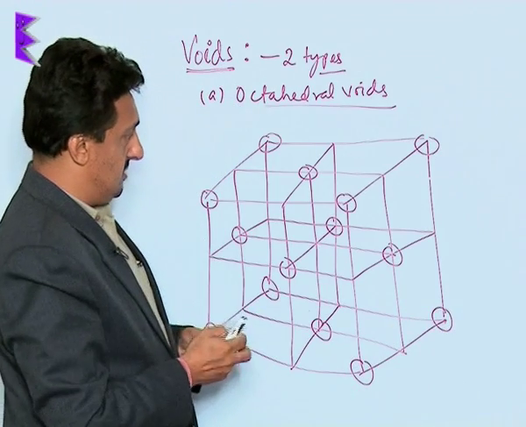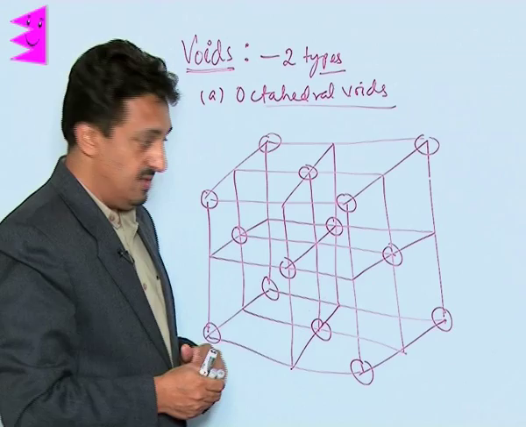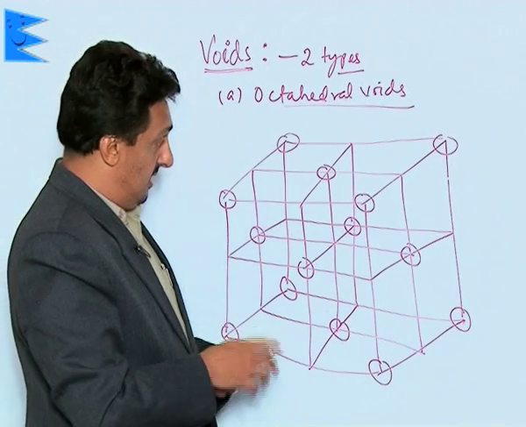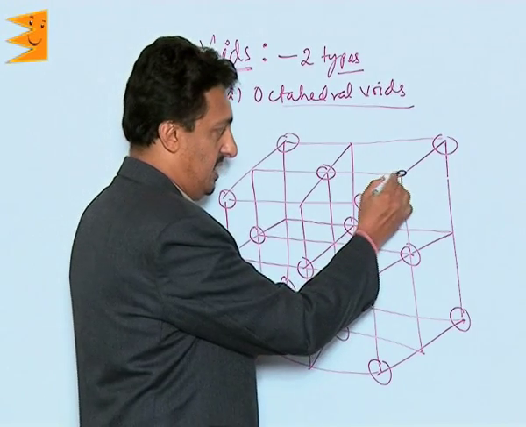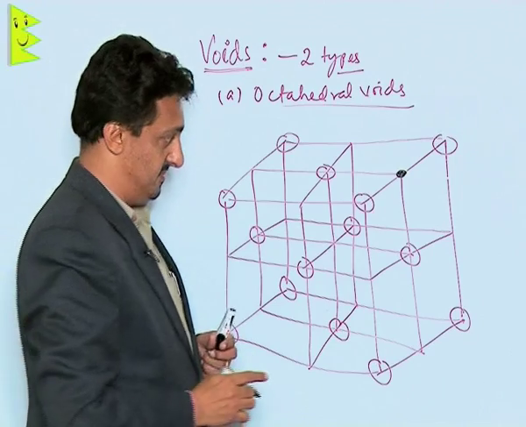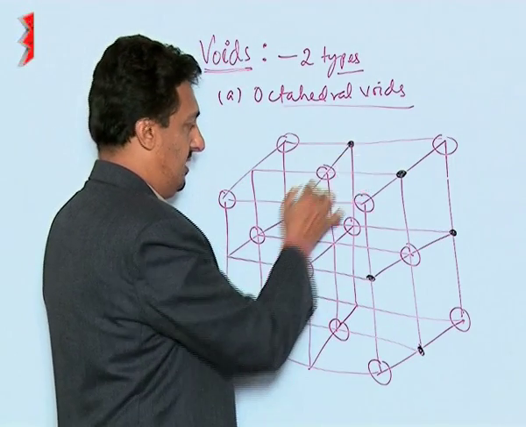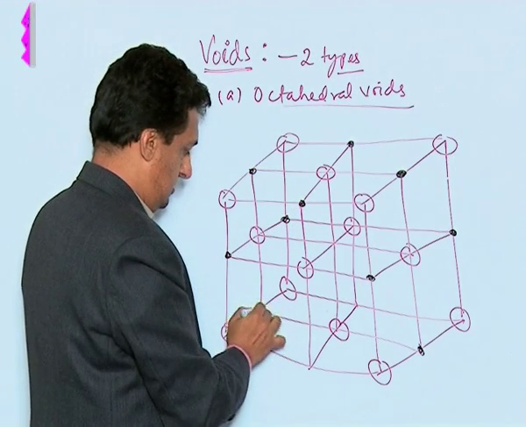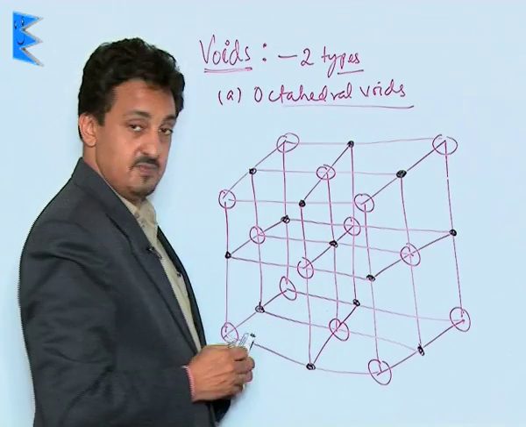You can make out the corner particles and the particles which are lying at the center of each face. This is one FCC unit cell. Now, each edge center is a location of an octahedral void. So this is how we can have 12 edge centers and the body center also.